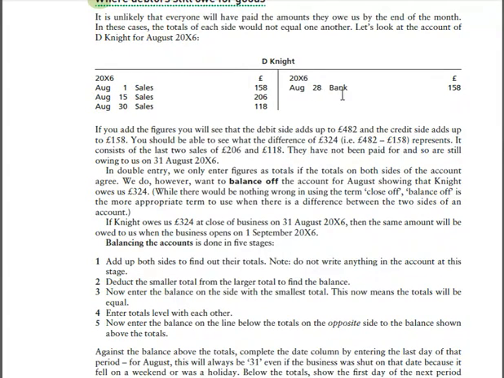The result of adding the difference here would be that both the debit side and the credit side would add up. So now if we were to add the debit side, 158, 206, and 118, the total would be 482. We would subtract 158 from 482, whatever the balance is, we would insert it here.